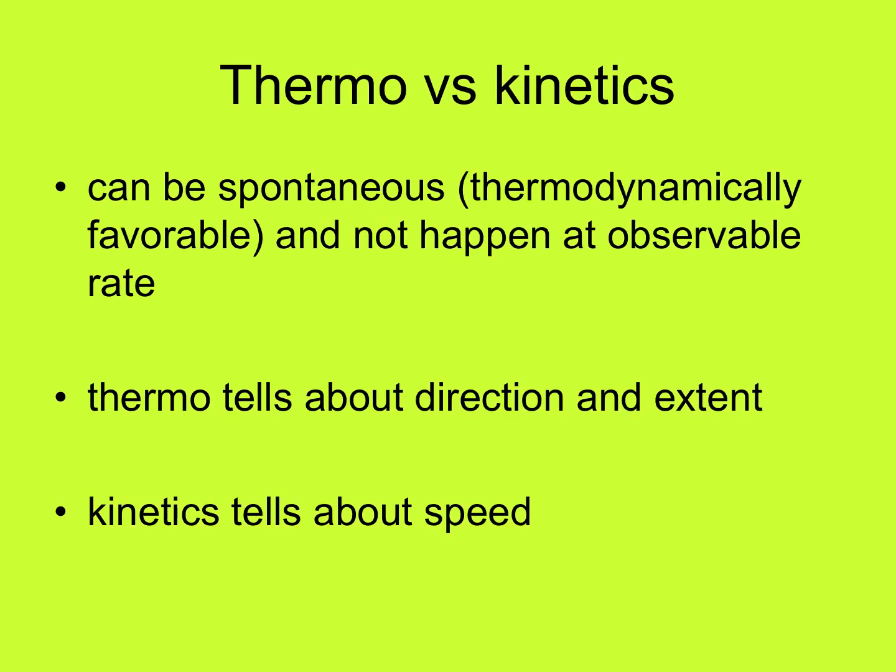Okay, so one of the main ideas behind this chapter is the difference between thermodynamics versus kinetics. Thermodynamics deals with the question as to whether a reaction can happen. And we say spontaneous, or more accurately, thermodynamically favorable, to talk about whether a reaction will happen and to what extent it will happen.